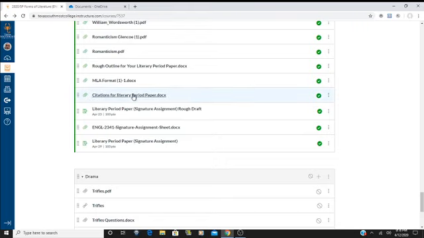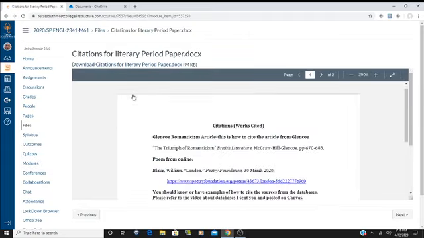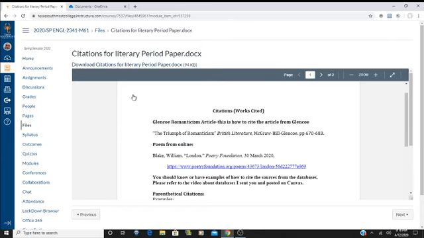Here's how you're going to do your citations for your literary period paper. For the one that says Glencoe Romanticism article, this is what you're going to put in your works cited, just this part here. And when you do the poems, like you're going to have a poem by William Wordsworth and one from John Keats, you're going to do it just like this.